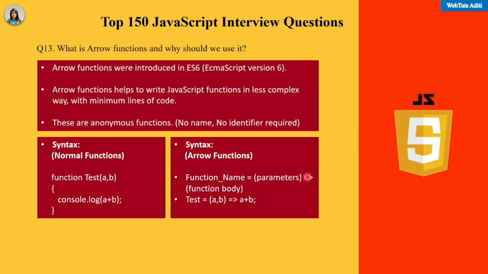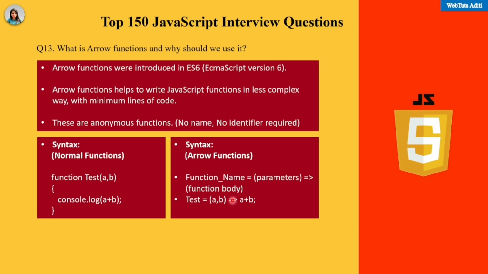This is called the fat arrow, and after it we define the function body. So this is the example. Suppose test is the variable, these are the parameters, and a plus b is the body. Notice that you did not write the curly braces, you did not write the return keyword, so it saves time and complexity of the code.